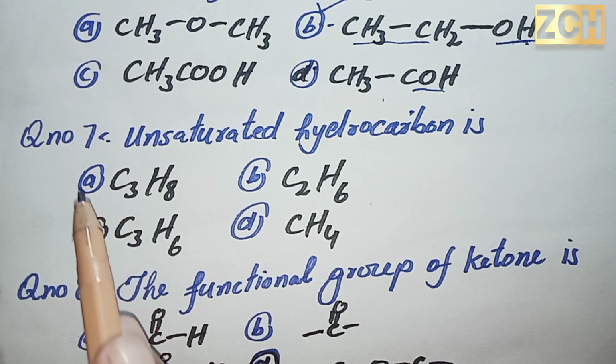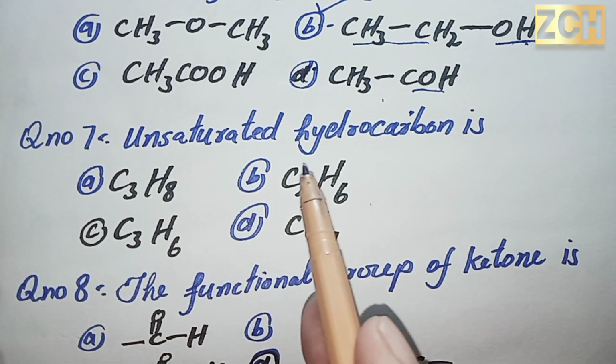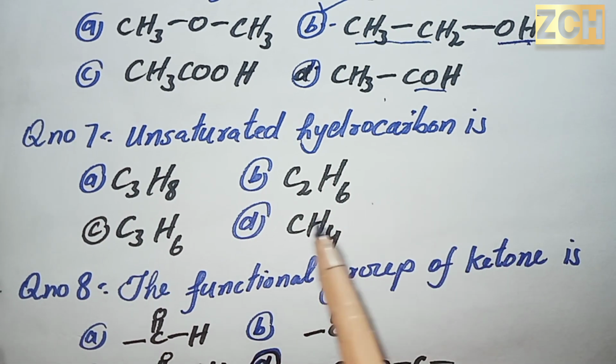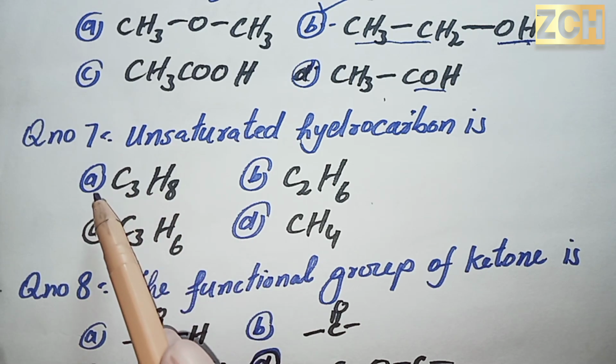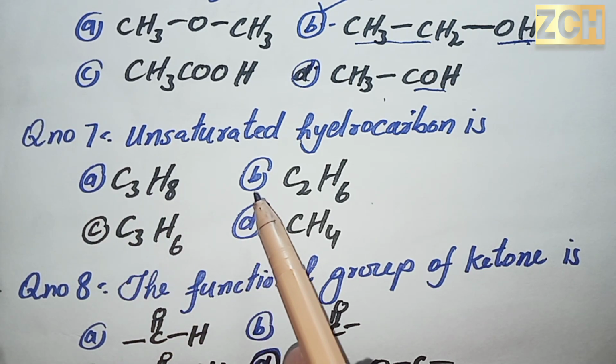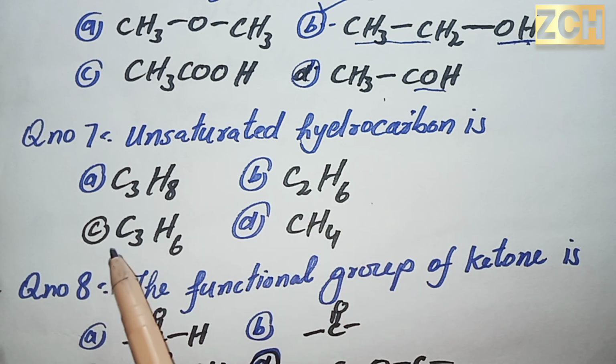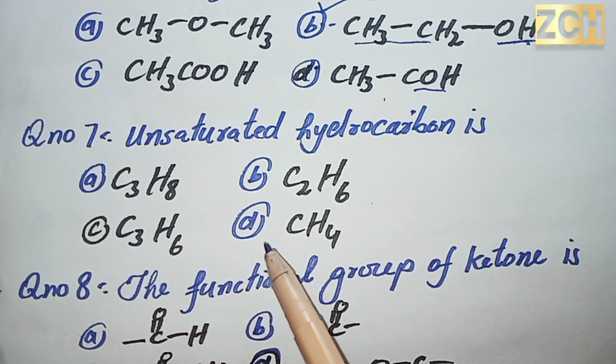Next question, question number 7. The unsaturated hydrocarbon is: option A C3H8, option B C2H6, option C C3H6 and option D CH4.